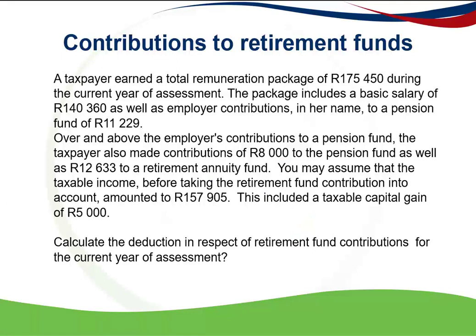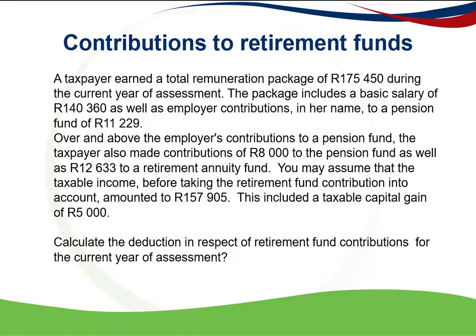Let's have a look at the information that's given to us for this example. So the taxpayer earned a remuneration package during the current year of assessment, and the package includes a basic salary as well as employer contributions in her name to a pension fund. Over and above the employer's contributions to the pension fund, the taxpayer also made their own contributions, and they made contributions to a retirement annuity fund.